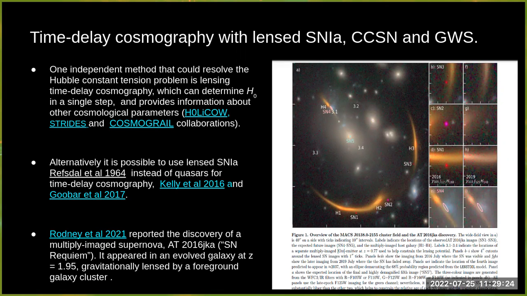This method could produce an alternative result for the Hubble constant tension, and was developed successfully by several collaborations, H0LiCOW, STRIDES, and COSMOGRAIL. It's also possible to use lensed supernovae instead of quasars, as was recently demonstrated by the SN Refsdal supernova by Kelly and collaborators, and also Goobar.